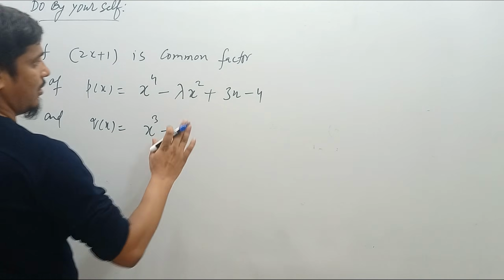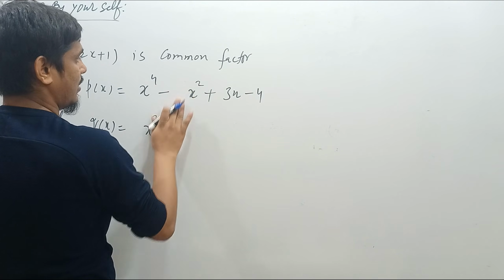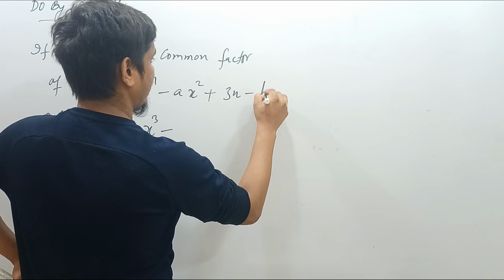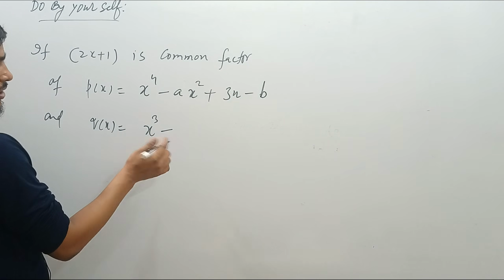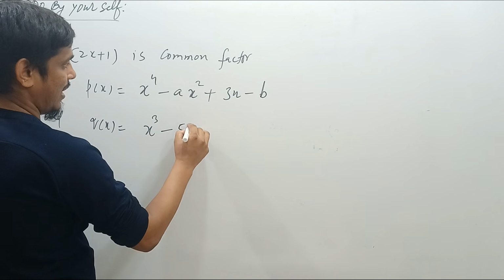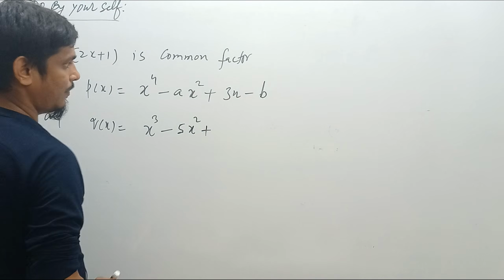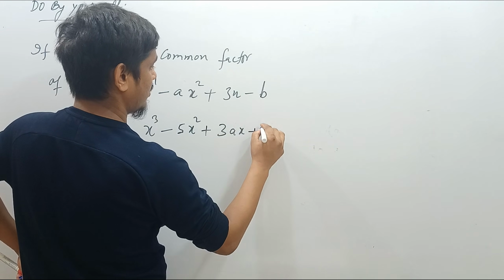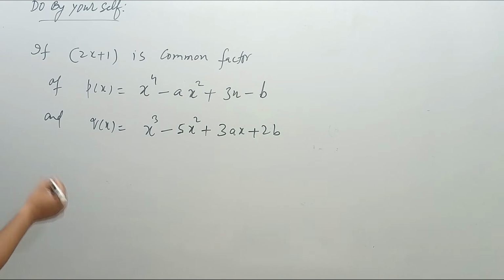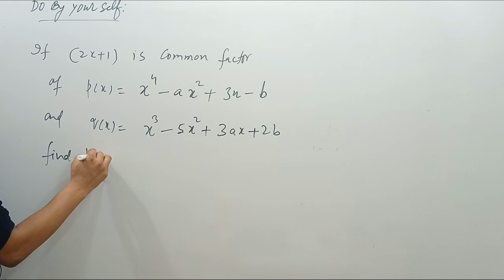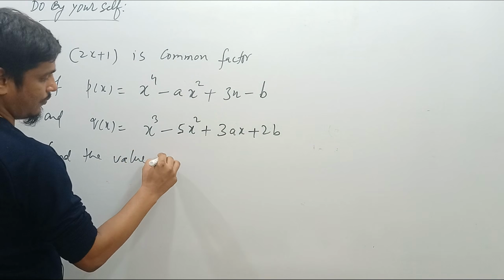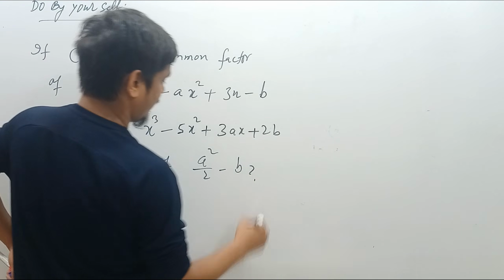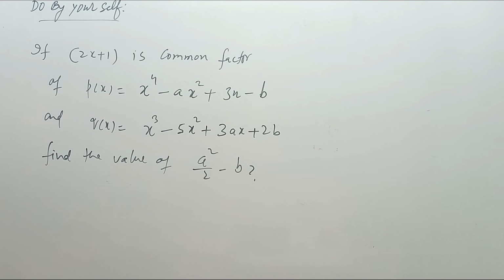Over here lambda, let me just keep the value simple, let's say a, and this is b. Then find the value of a square by 2 minus b.